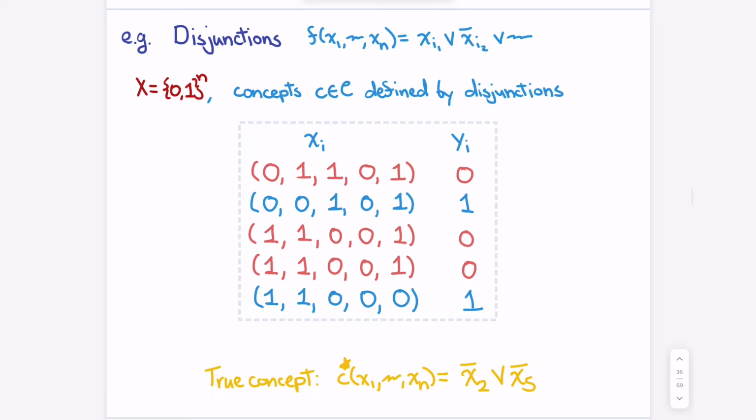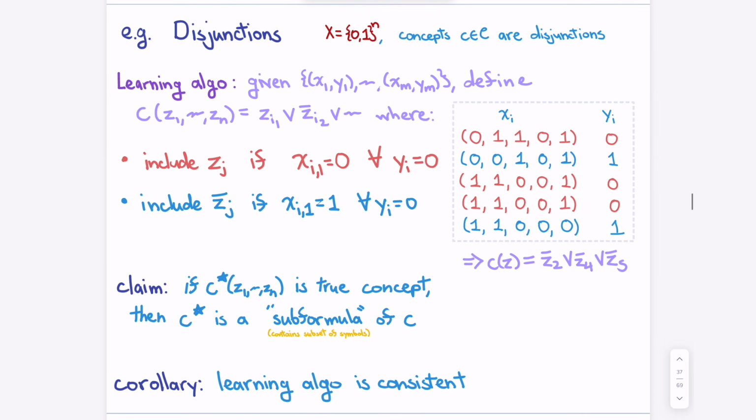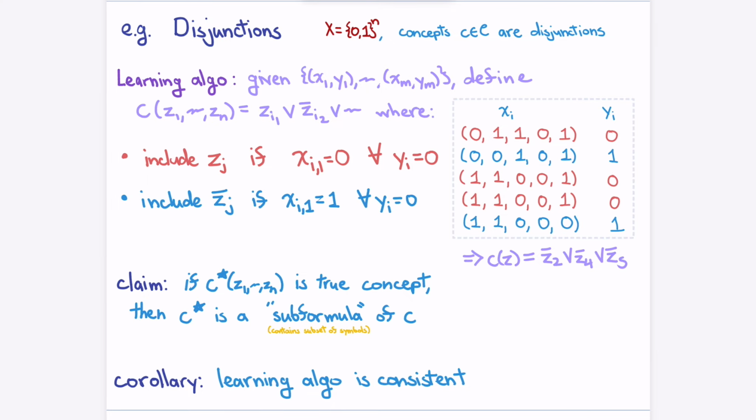Okay, so if you go to something like disjunctions, just an example of a finite hypothesis class, how many disjunctions over n variables are there? Three to the n. Why 3? Because each variable is either positive, negative, or not there at all.